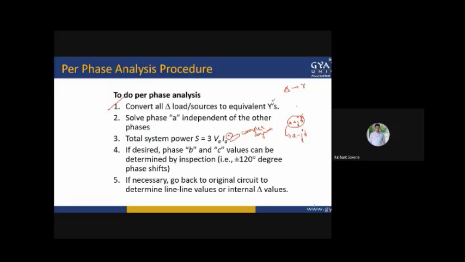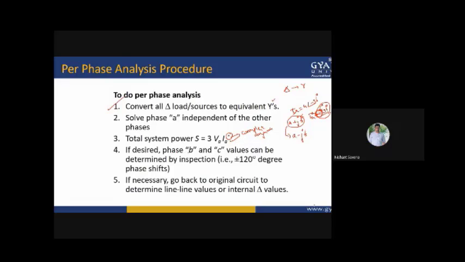If we talk about the polar form, for example, IA is given to be 4 angle minus 36 degrees, then the complex conjugate will be 4 angle 36 degrees. That means the angle is changed in sign. Is this clear? The magnitude will remain the same, except the angle will change.